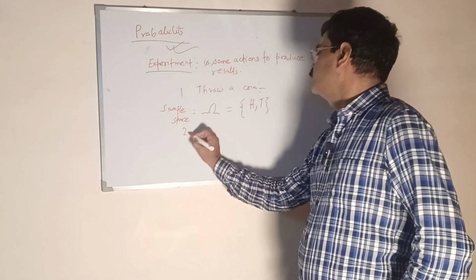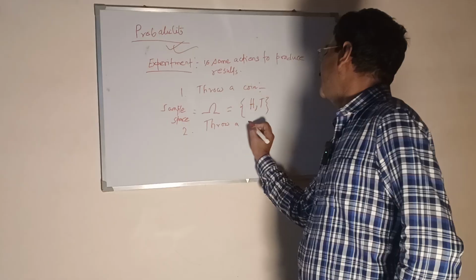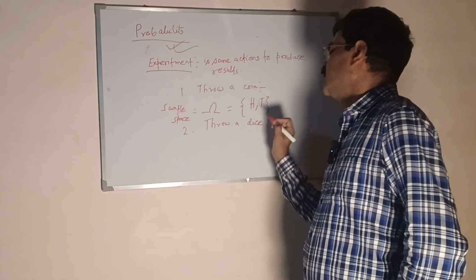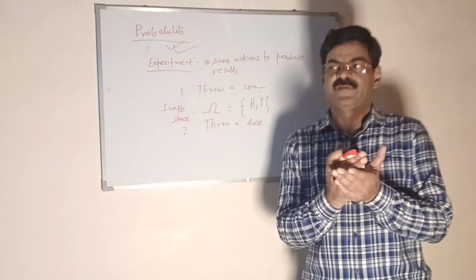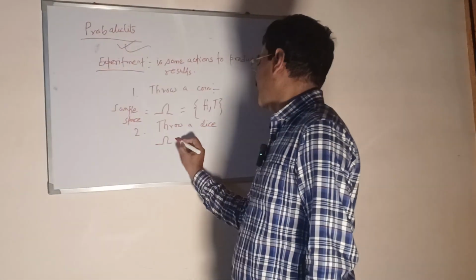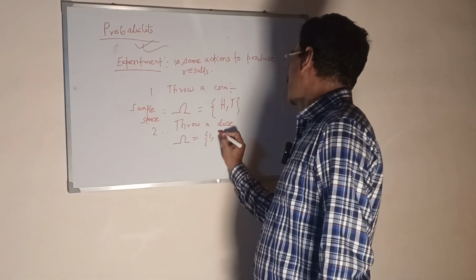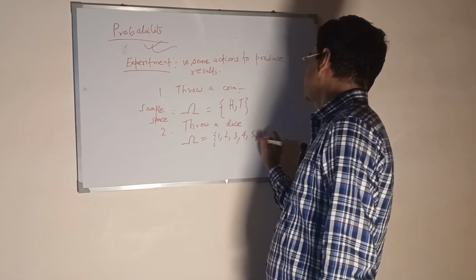Experiment number 2, throw a dice. In a dice there are 6 faces, 1, 2, 3, 4, 5, 6. So in that case, sigma will be 1, 2, 3, 4, 5 and 6.